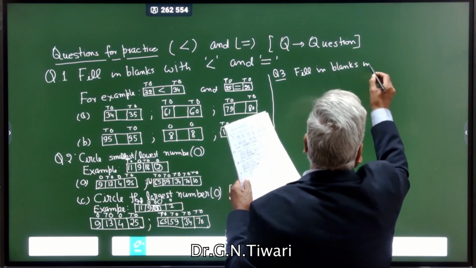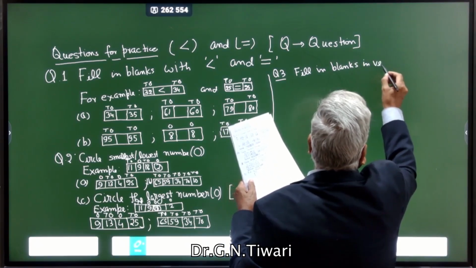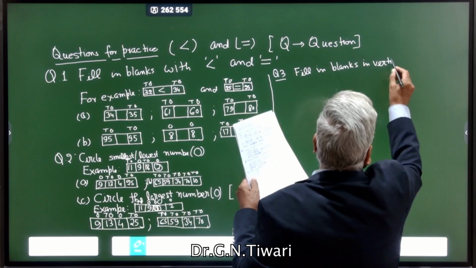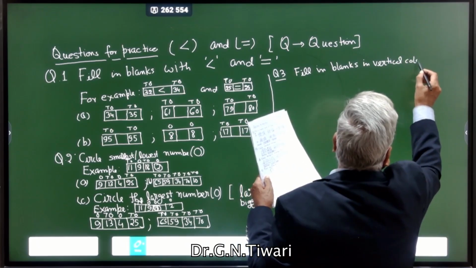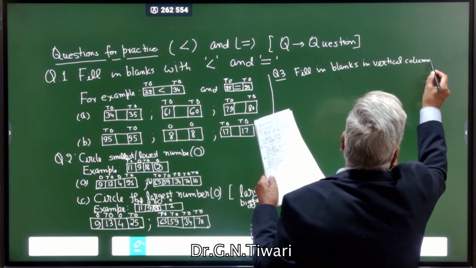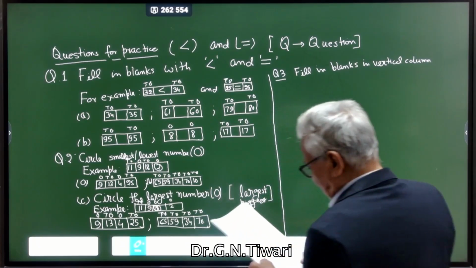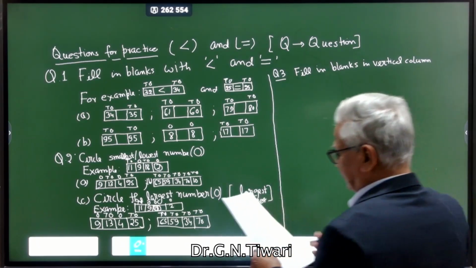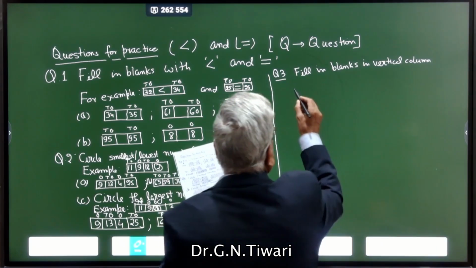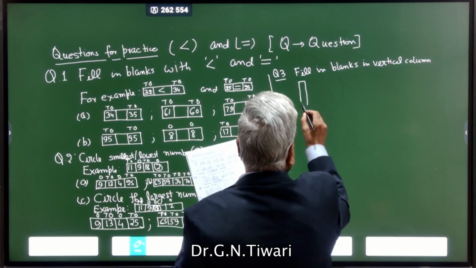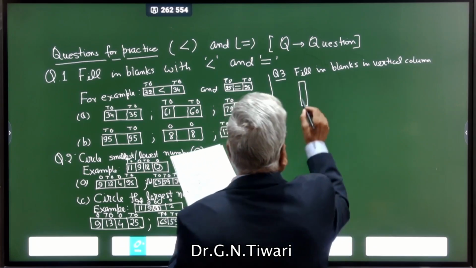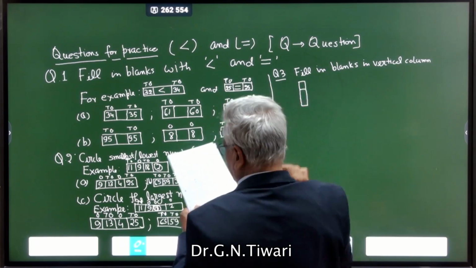In the vertical column. Just see, vertical means from top to bottom. Put blanks here.